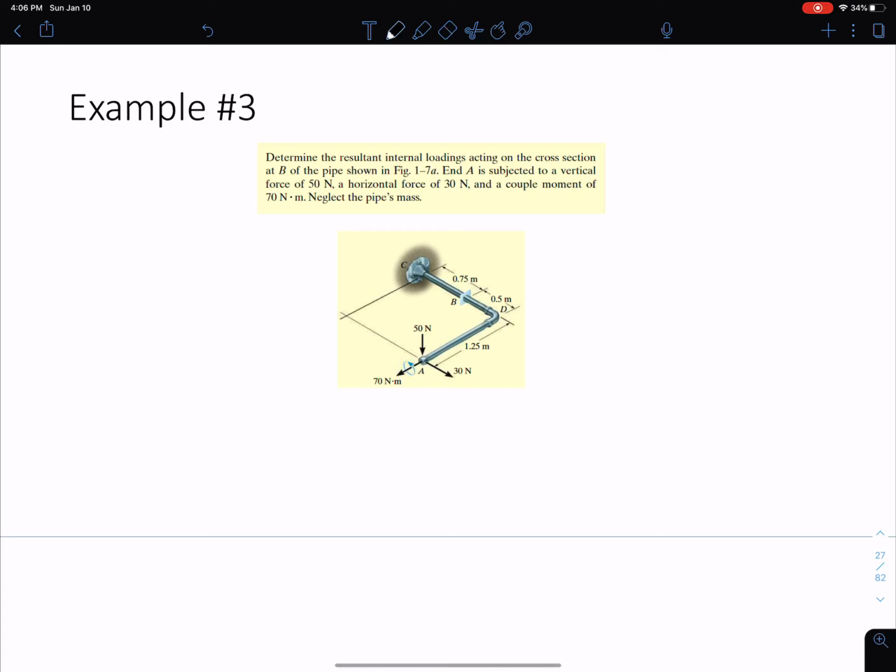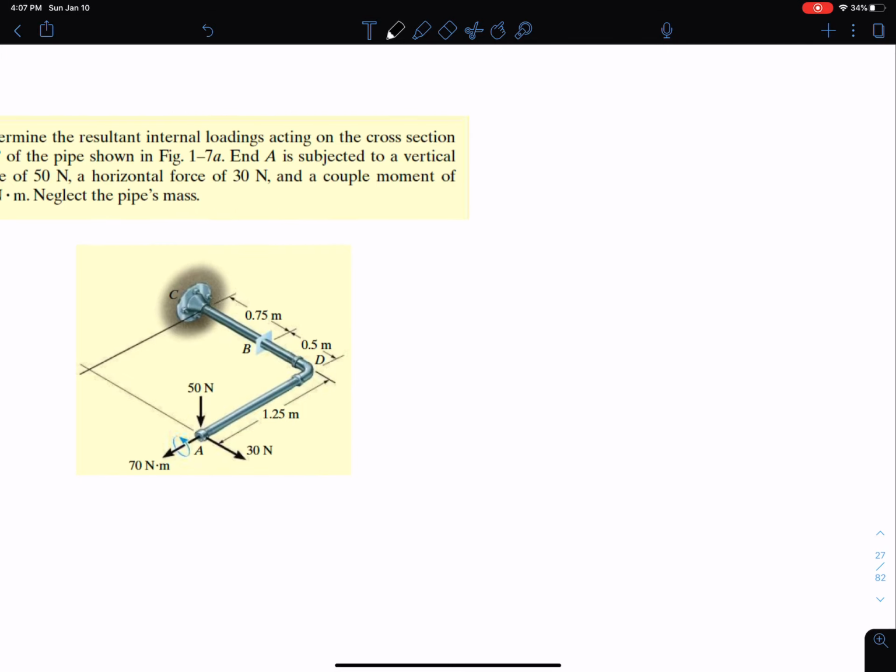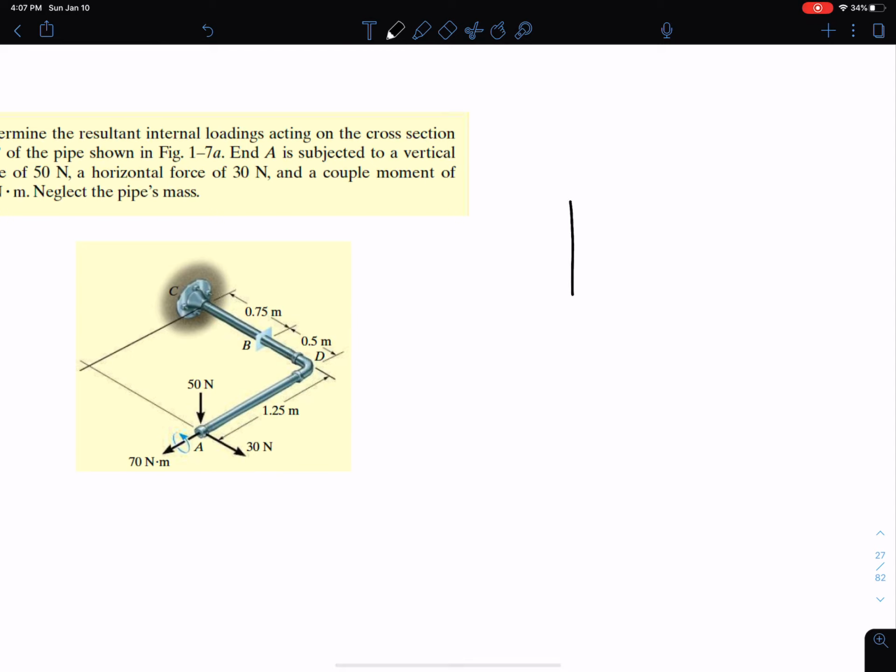Summation of Fx equals 0, summation of Fy equals 0, summation of Fz equals 0, and then of course our moments in the x direction, the y, and the z. Okay, let me redraw this to show you what we're even solving for.